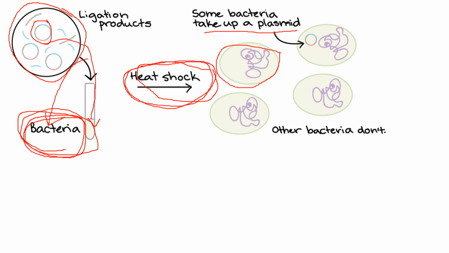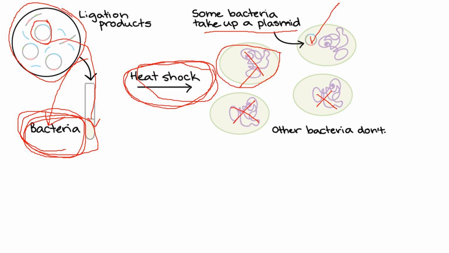So after heat shock, you have a number of bacteria. You have bacteria that have taken your plasmid, and then you have bacteria that have not taken your plasmids. These are still in one container. This is your original plasmid. After heat shock, some will take the plasmid, some will not.